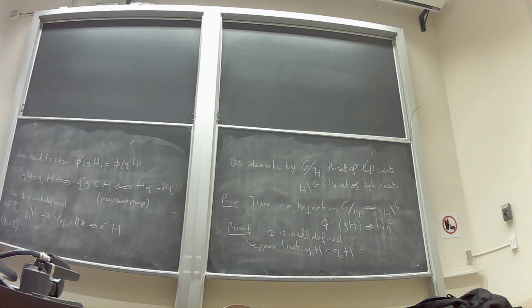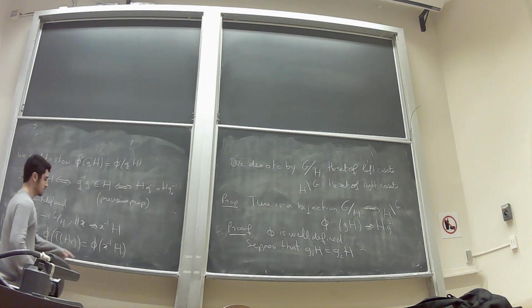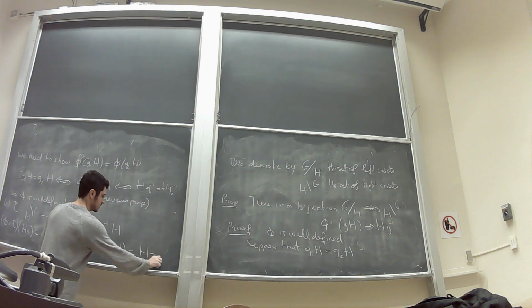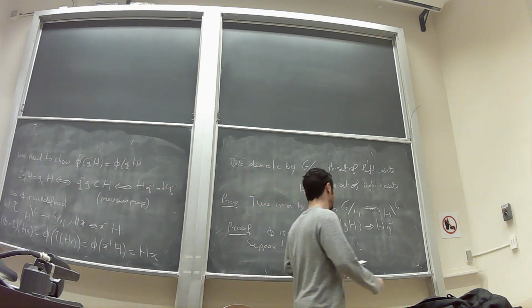Phi tau of Hx, what is that? Phi of tau of Hx. Tau of Hx is x inverse H, so this is phi of x inverse H. Now phi sends gH to Hg inverse, so it sends x inverse H to Hx.